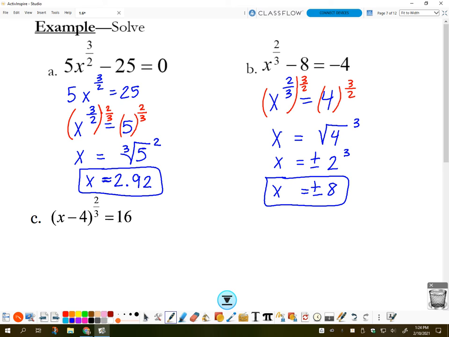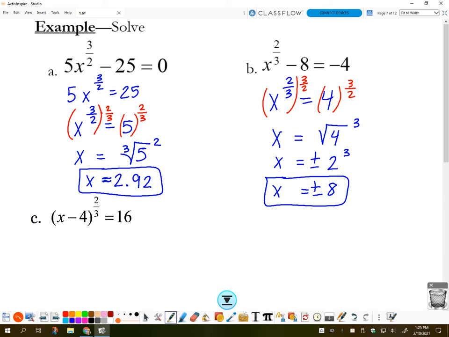So let me go back to A because I really didn't try that one. If I plug that in my calculator, it's 5 times 5 to the 2/3 power minus 25. Do I get 0? That's supposed to be the 3/2 power, right? I cannot function today.